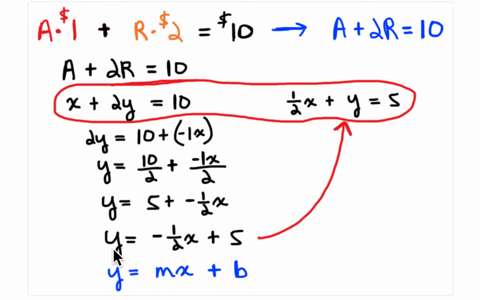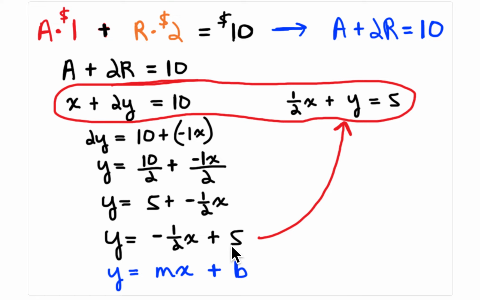So now we're down to this point. Sorry about this. So y equals, and you can rearrange this using the commutative property. So this is a negative 1/2 x plus 5. So now this is in this format, and I'm not sure where we're going to go with this, but I just want to show you and try to get it into your head as a way of thinking about these problems.